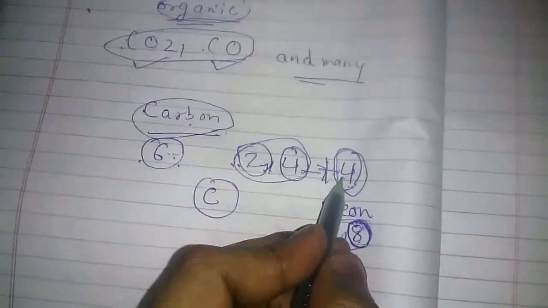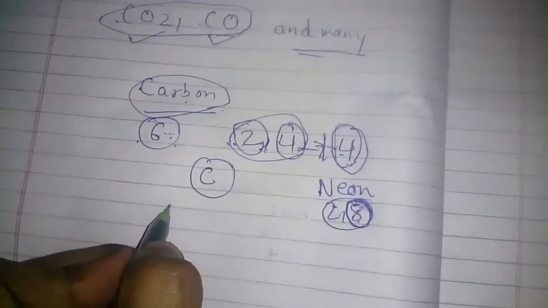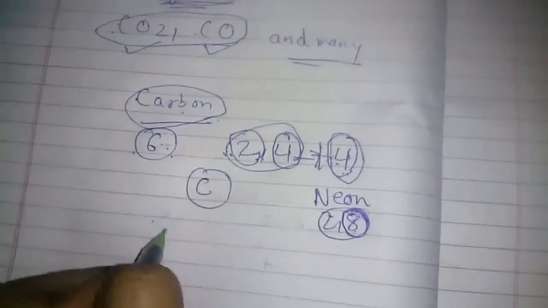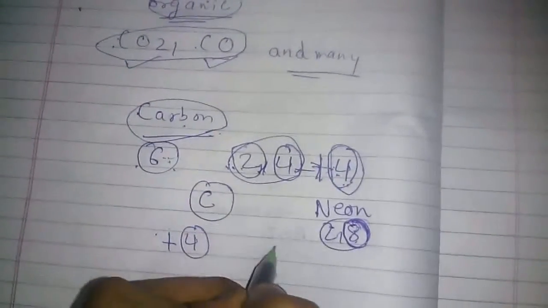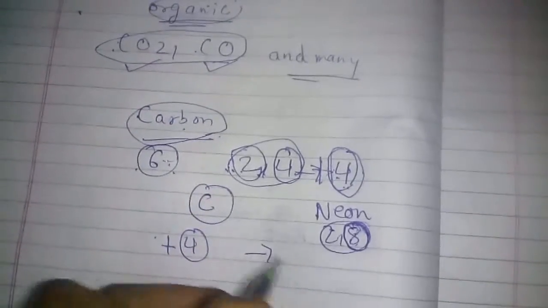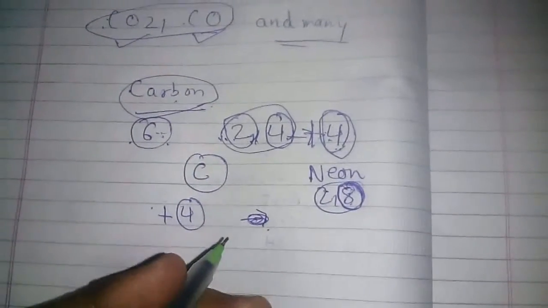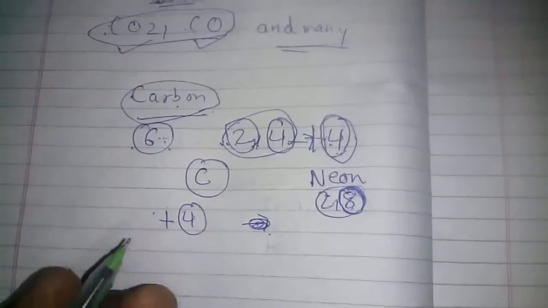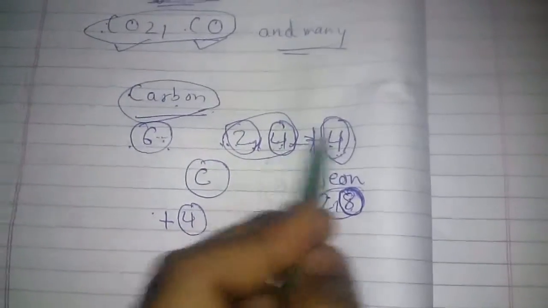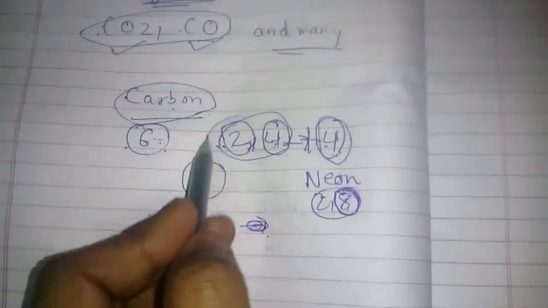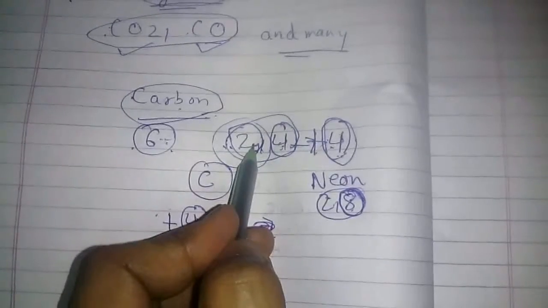This 4 it could achieve by accepting 4 electrons from some other atom. However, when it accepts them it becomes unstable. Also, it could donate these 4 and complete its octet and become stable.